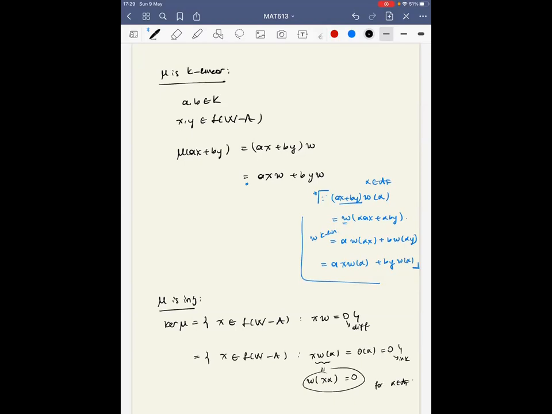And this is only possible if we have a non-zero function x, this is only possible when omega is a zero differential, and this forces us to have this equality only for the zero function.